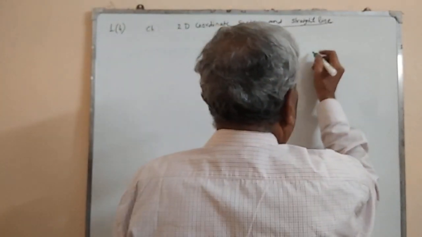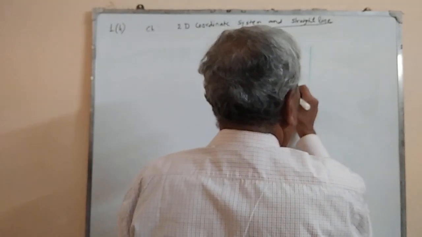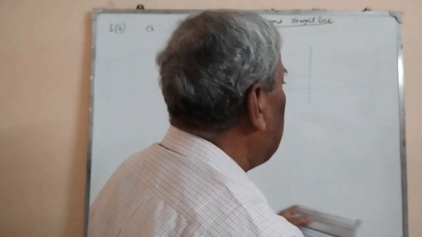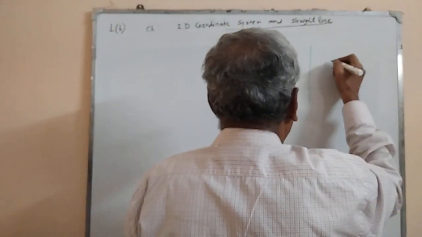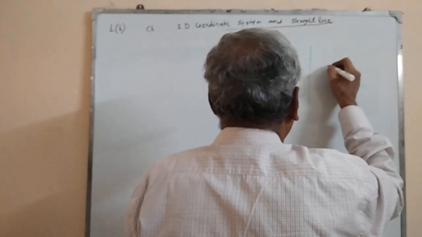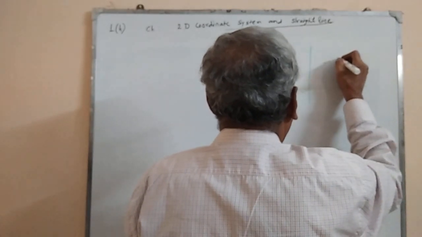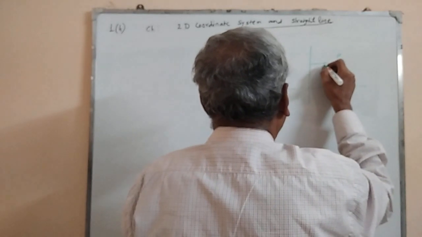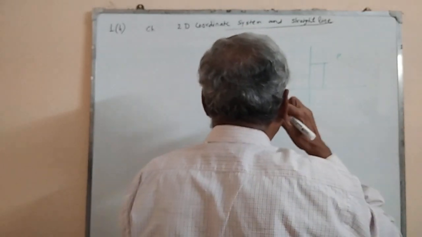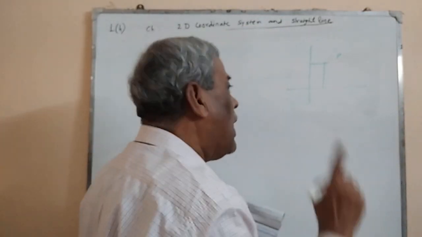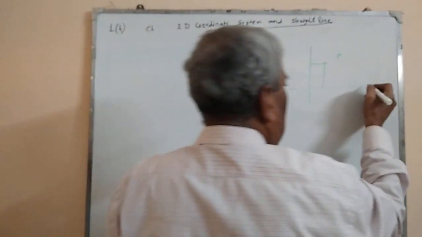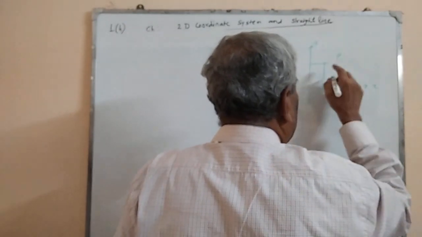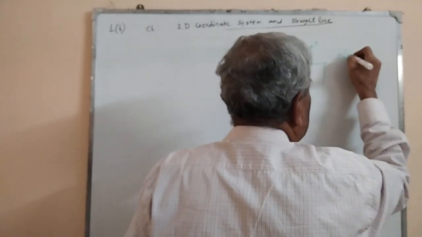Suppose these are two mutually perpendicular straight lines and a point P moves in such a way that, suppose P is somewhere there, its distance from this straight line and that straight line, its sum is 1. It is given. So consider this as x-axis, this as y-axis. Suppose P is h, k.